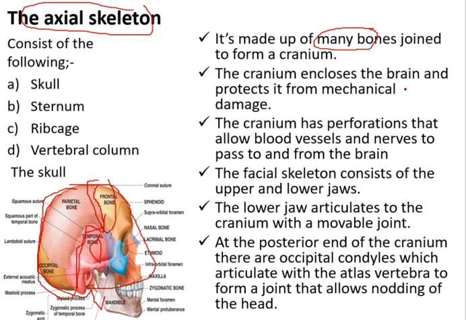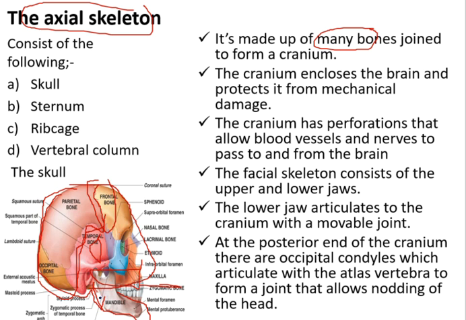Then the facial skeleton consists of the upper and lower jaws. We have the upper jaw here, we call it the maxilla. Then the lower jaw, we call it the mandible. The lower jaw articulates to the cranium with a movable joint.